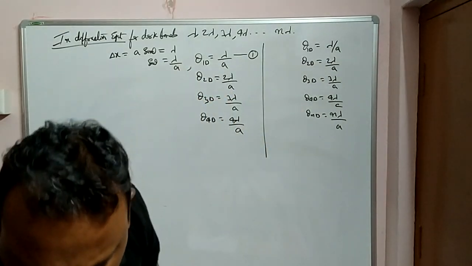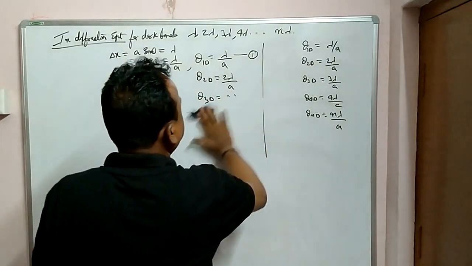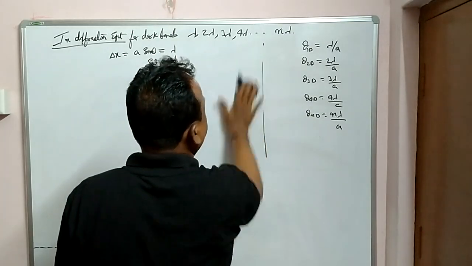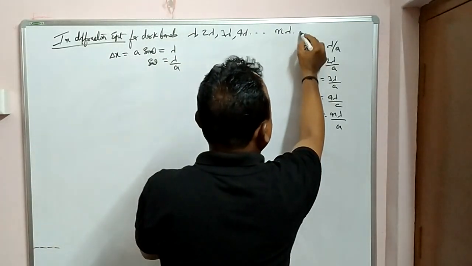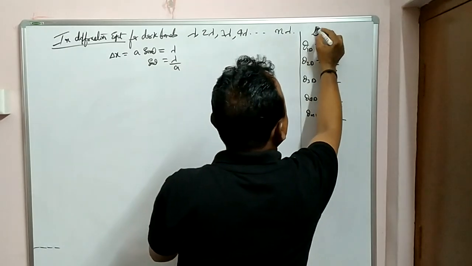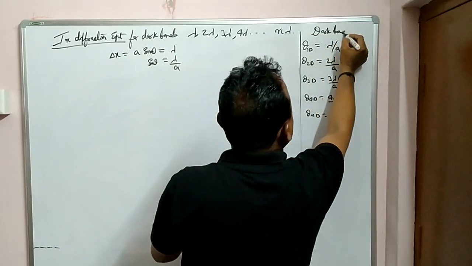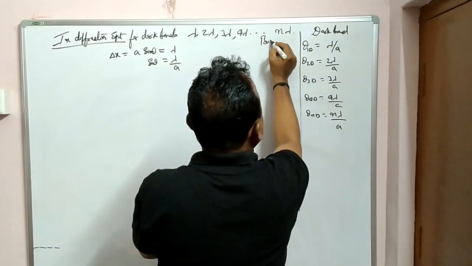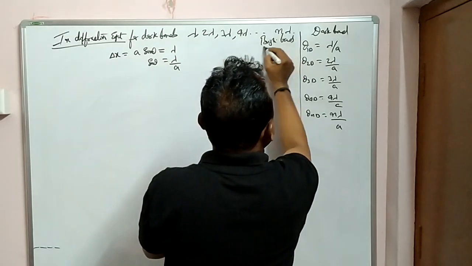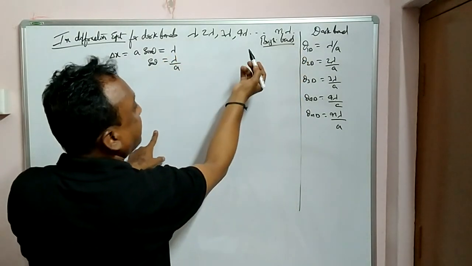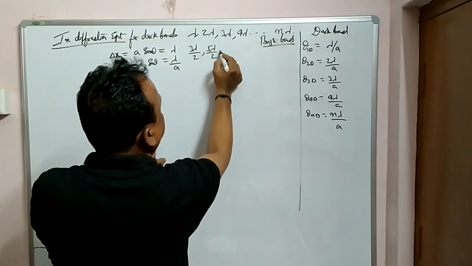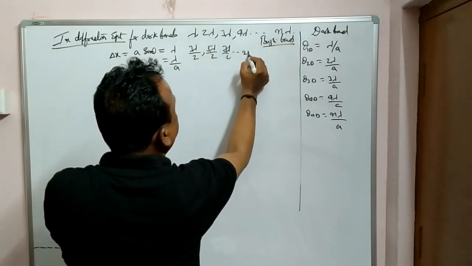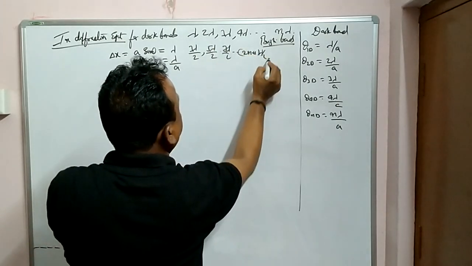Now in the same fashion we have gone for the other ones also. See how bright came. This is dark, this is dark in diffraction, these are dark bands. And what did we get for bright bands? We got bright bands. What is the path difference? We are starting from 3 lambda by 2. I told you the difference: 3 lambda by 2, 5 lambda by 2, 7 lambda by 2, 2n plus 1 into lambda by 2.